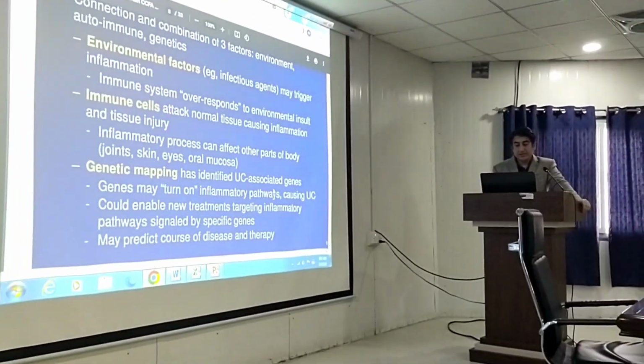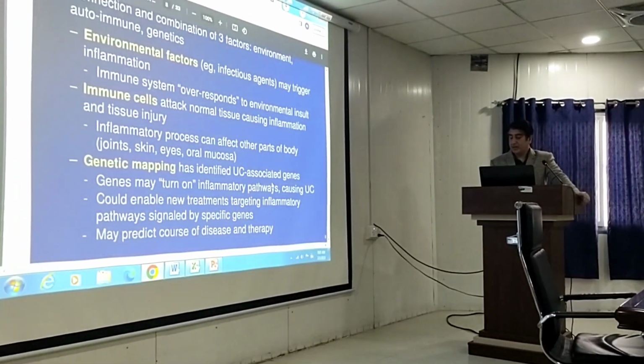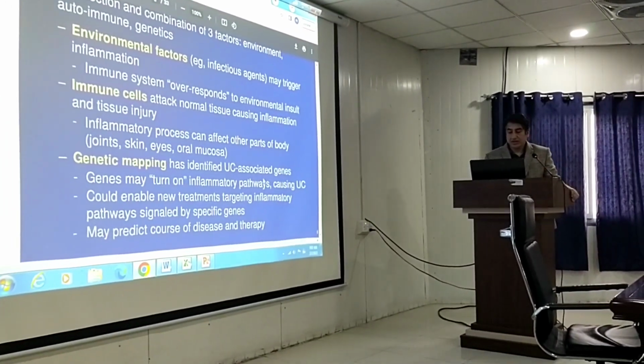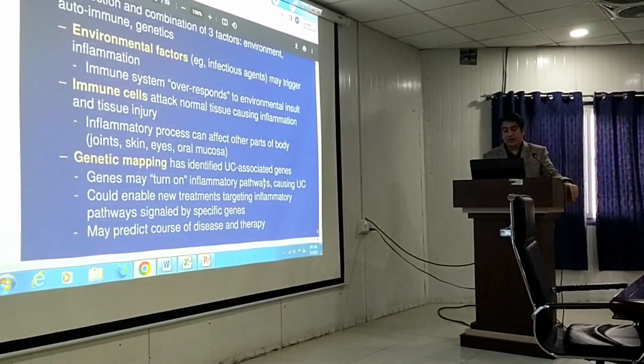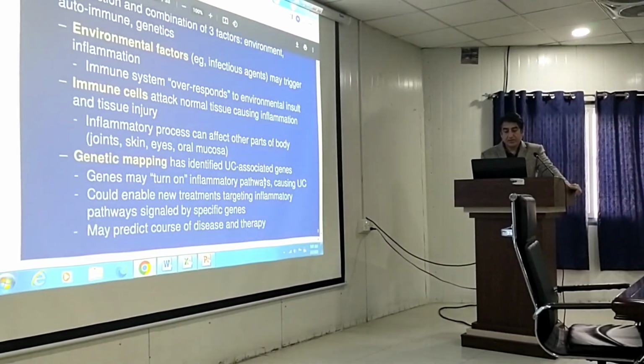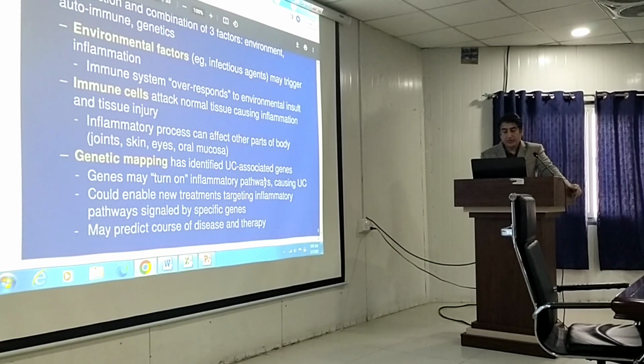Genetic mapping has identified ulcerative colitis associated genes. Genes may turn on inflammatory pathways causing ulcerative colitis. This could enable new treatments targeting inflammatory pathways signaled by specific genes, and may predict the course of disease and therapy. That's the reason more work is now on genetic factors, and genetic modulating agents are being used to treat patients because of the strong genetic association.